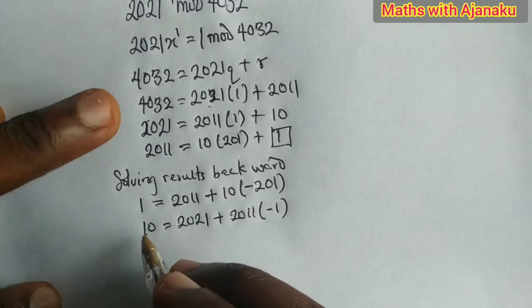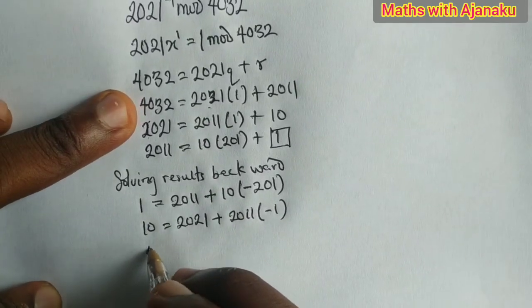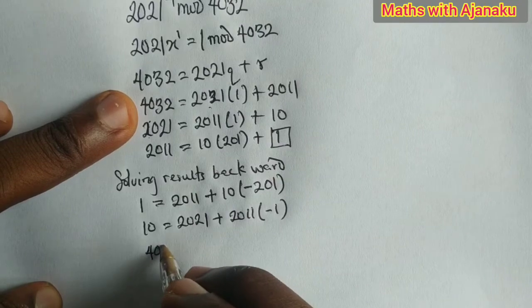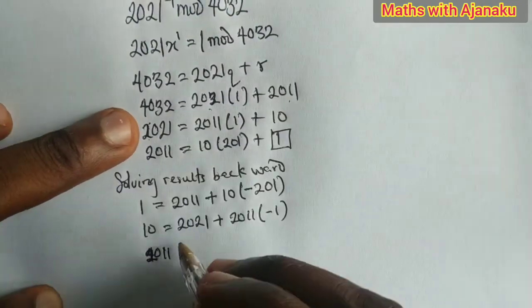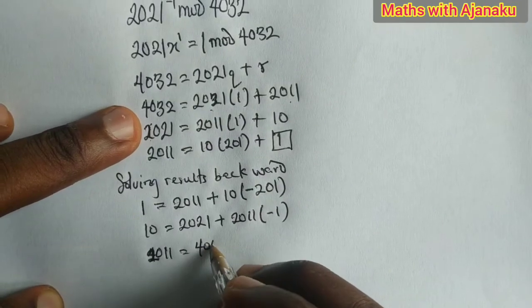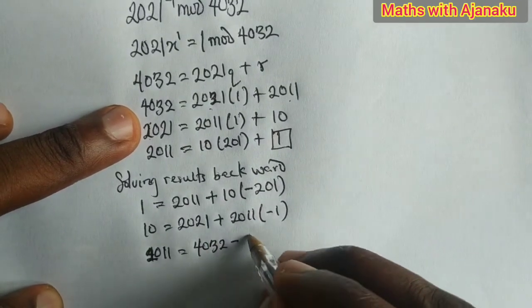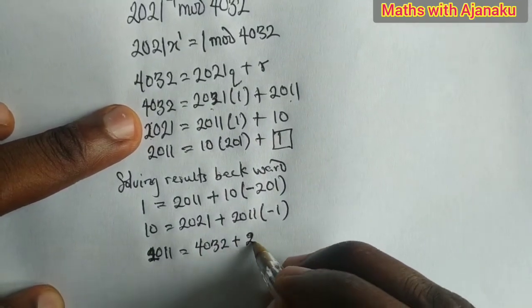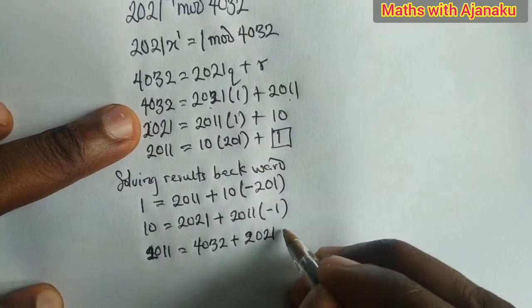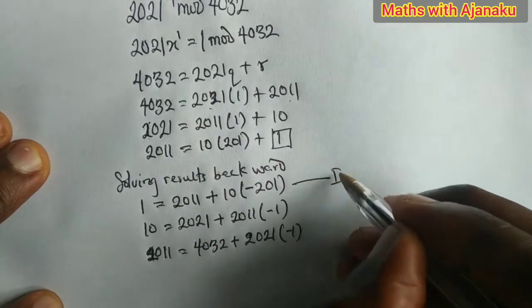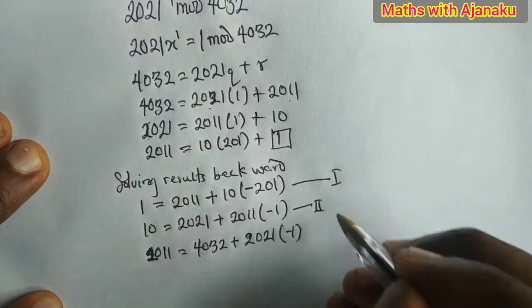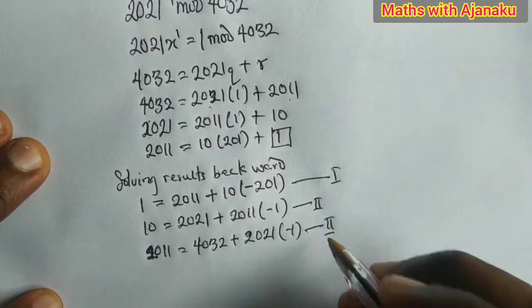Then this last one, I have 2011 equal to 4032 plus 2021 into bracket minus 1. Name this equation 1, this equation 2, this equation 3 for easy solving.